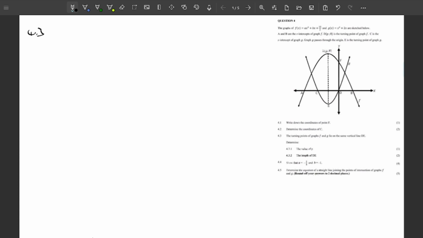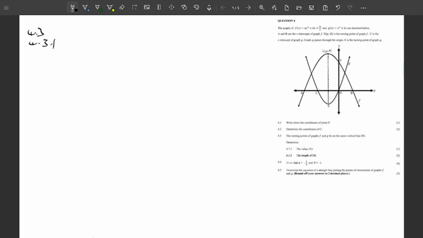Now for 4.3.1, determine the value of p. They gave an important piece of information here: the turning points of graph f and g lie on the same vertical line. Like I said in the beginning, they share the same x value of the turning point.